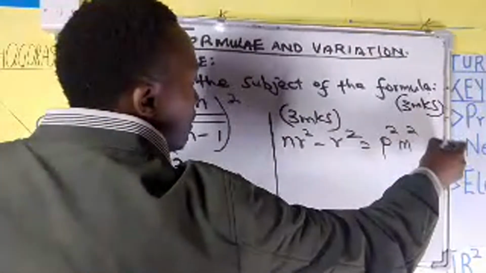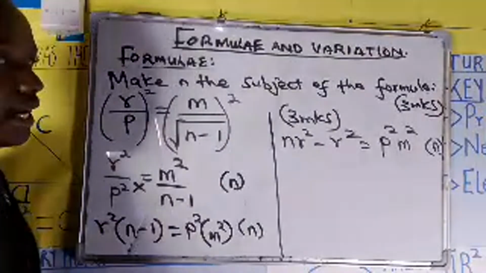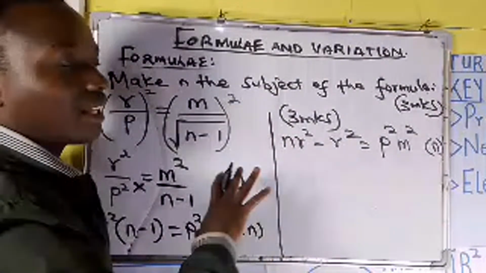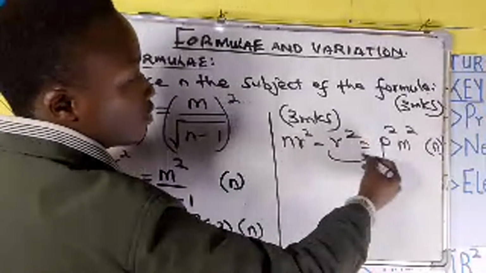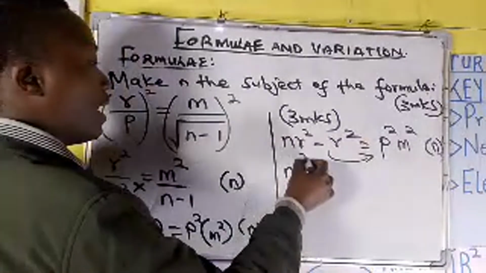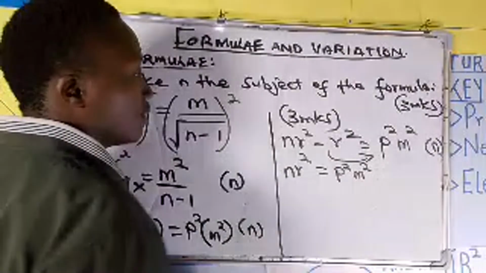Don't forget that we are making n the subject of our formula. And since we are making n the subject, we now need to take everything that has no n to the other side. So we will take minus r squared to the other side, and we will have n r squared is equals to p squared m squared.